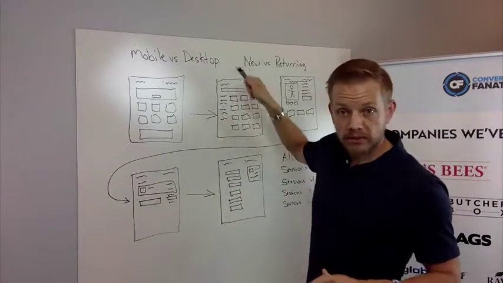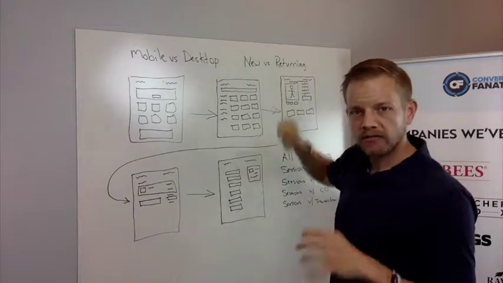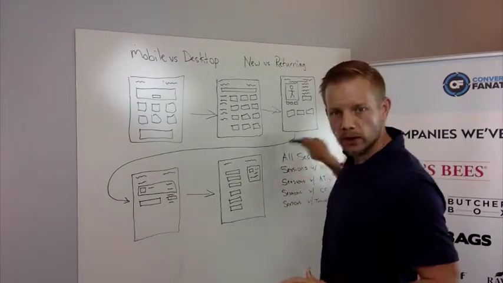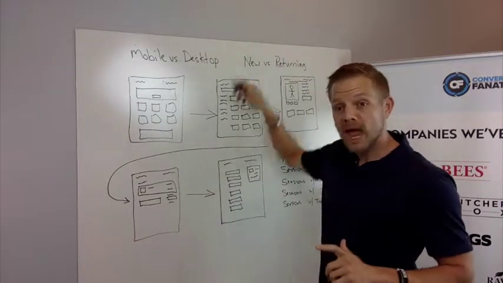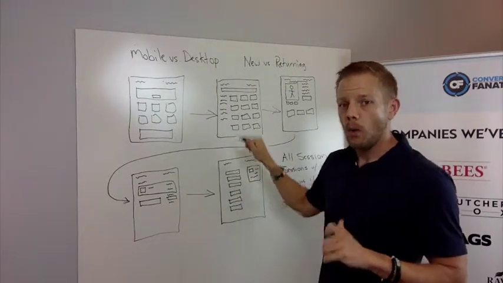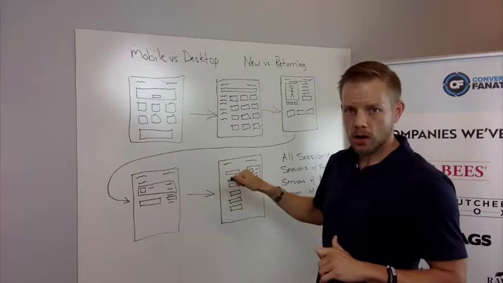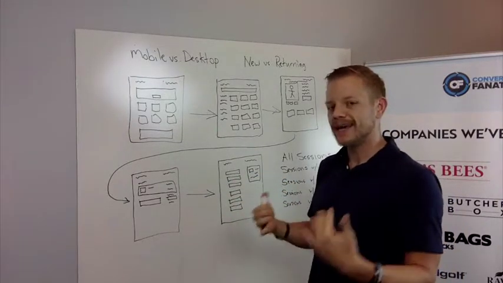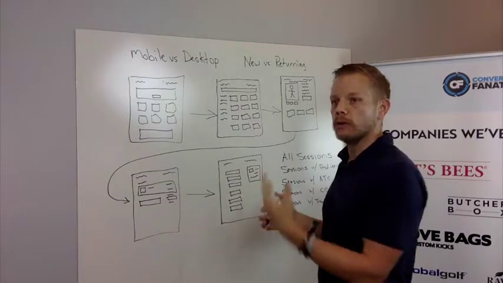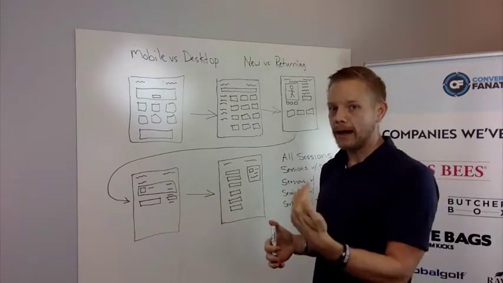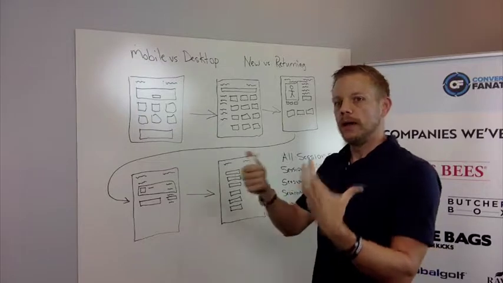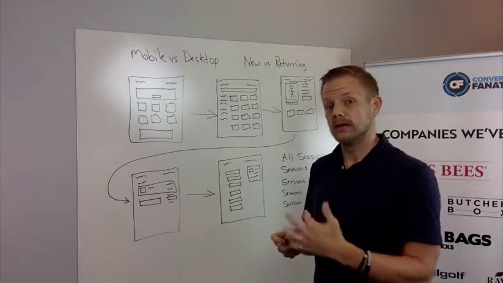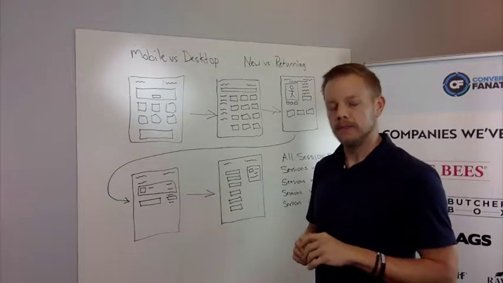But you want to look at mobile versus desktop, new versus returning, find some trends, figure out where you need to pay the most attention, figure out your main drop-off points and friction points, then make a major list of exactly what's happening on your store and what friction points you need to remove, or what test ideas you can have to either remove those friction points or add elements that could increase engagement and increase the calls to action and the desired actions that you want them to take.